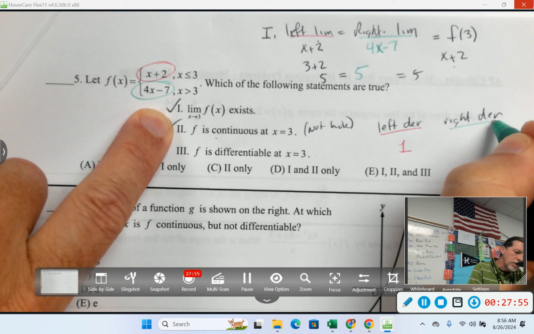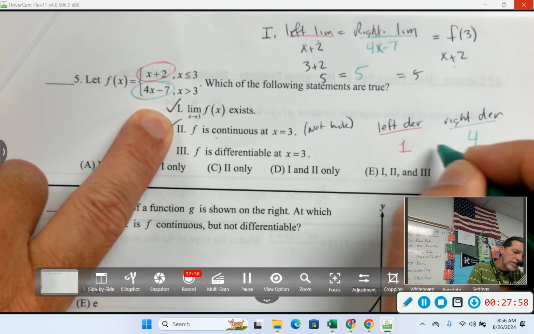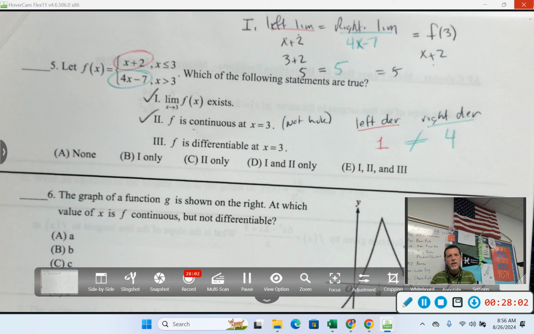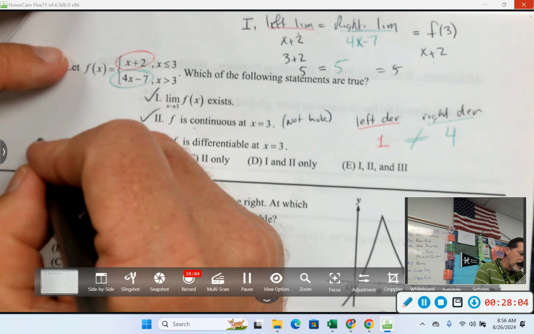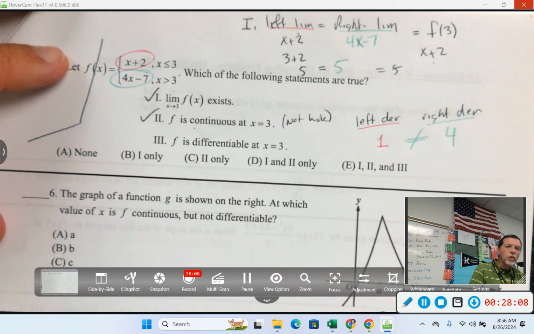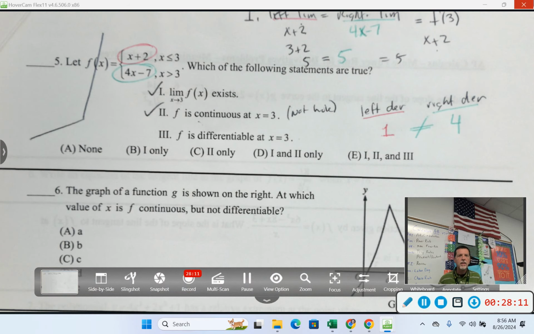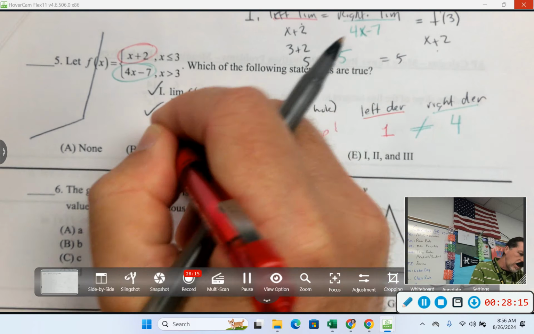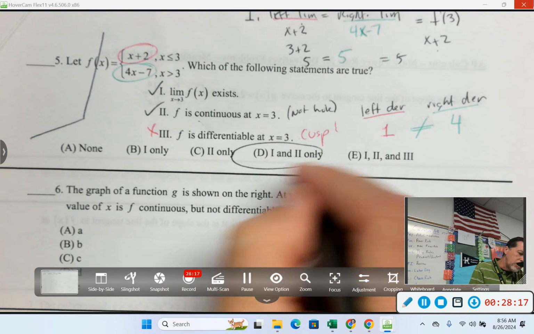The right slope, that derivative is 4. Those don't equal each other, which I guess makes sense. So this thing has a slope of 1, and then it has a slope of 4 where they meet. So there is a cusp there. So 1 and 2 only.